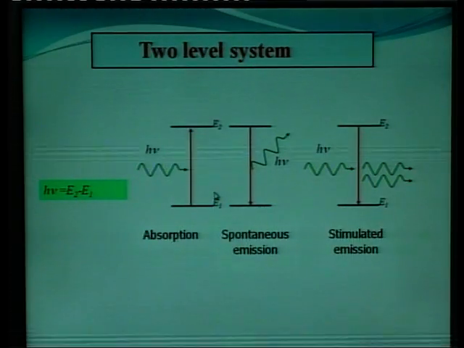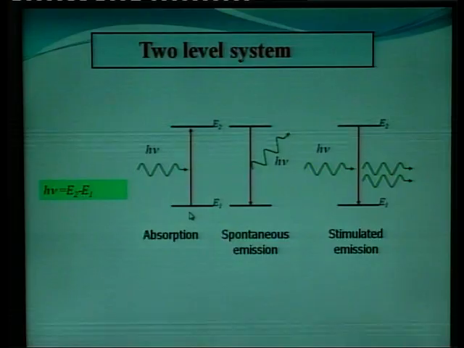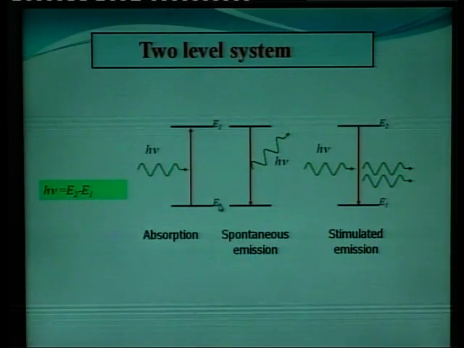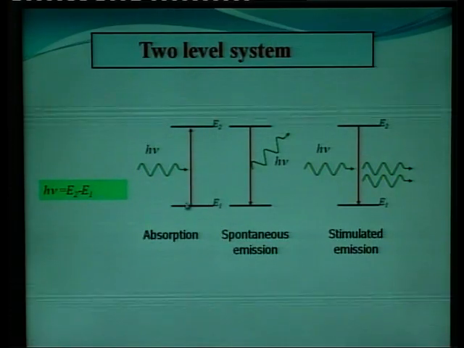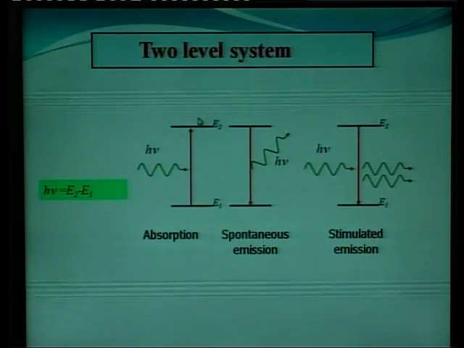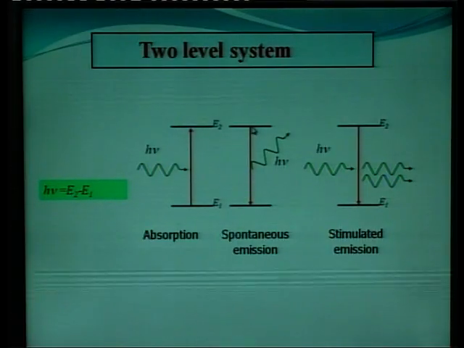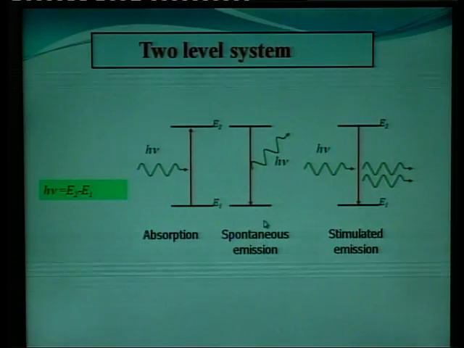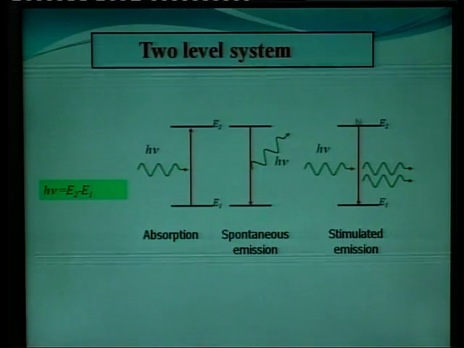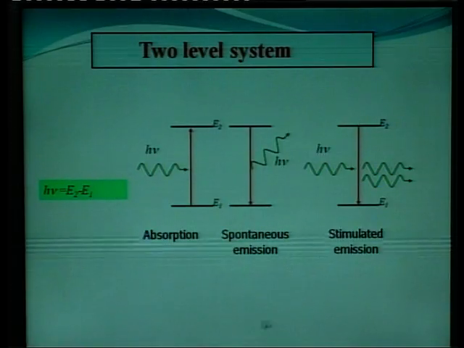So this picture shows a 2-level laser. Just see here, absorption will be between E1 and E2. First atoms will jump from the ground to the excited level, then spontaneous emission will be again between E2 and E1, and stimulated emission is also between E2 and E1.